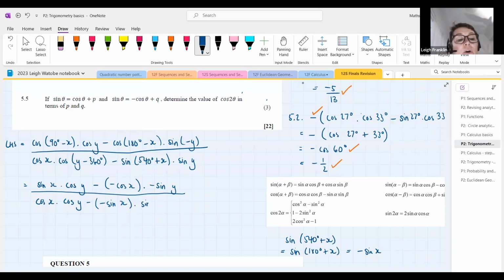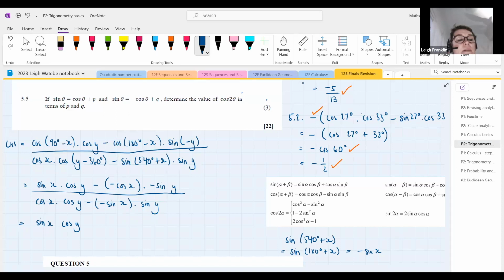And now I've got sine y. Okay, is everybody cool with where I've got to so far? Are we happy? So if you're all happy, let's just tidy up our signs and then we can see where we're going to go from there. All right, so we've got sine x cos y.